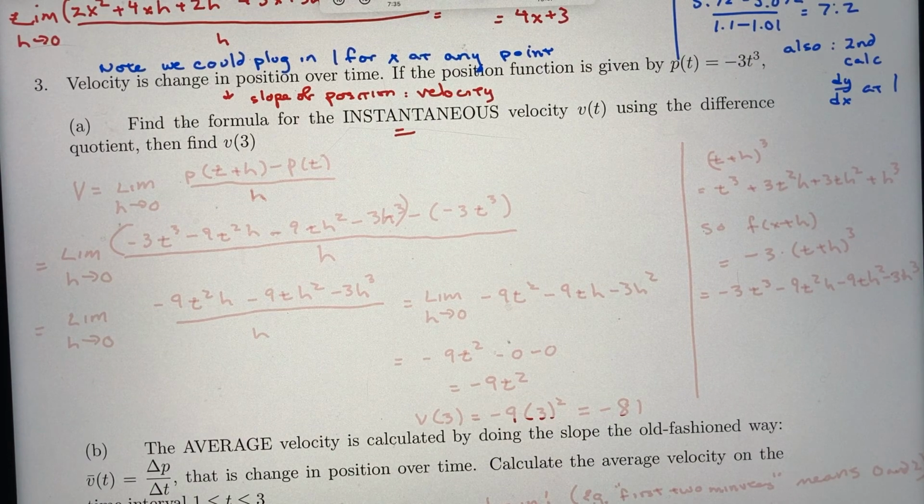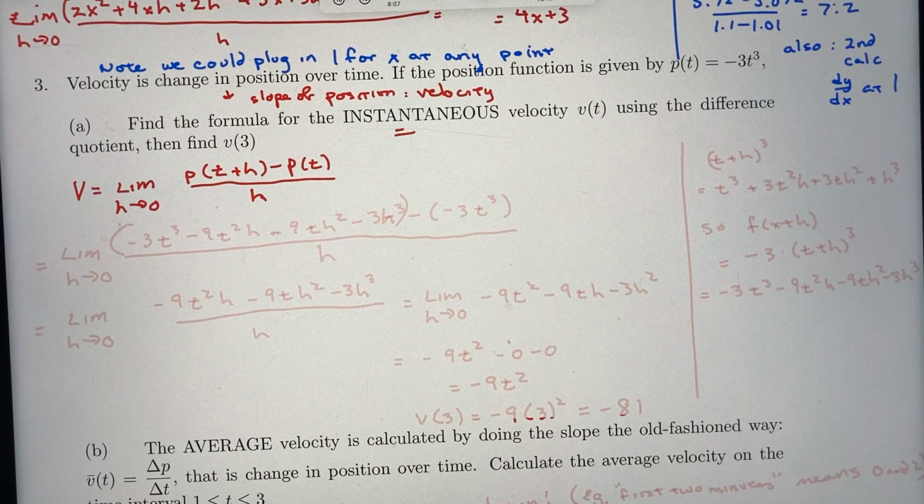If I want the average velocity, that's the slope between 2 points. So that's the same thing, except with different letters. Instead of y and x, we have p and t, p for position.